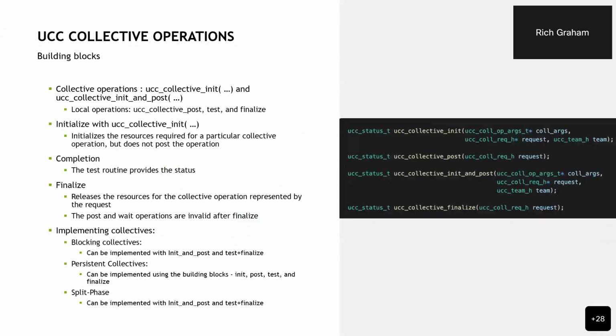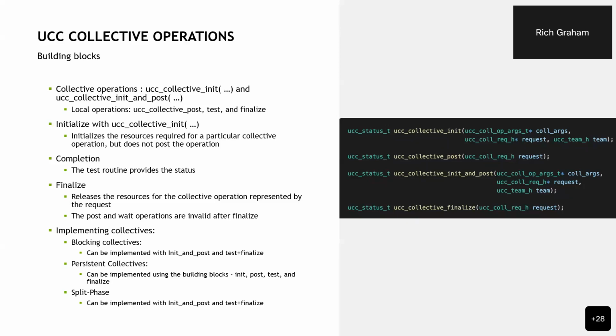So from a collective operation perspective, there are several building blocks within UCC. You can initialize the collective, so you call that once. There are 2 ways. You can just initialize it and then let the progress engine do all the data transfers, or you can initialize and put data on the wire through the init and post operation.